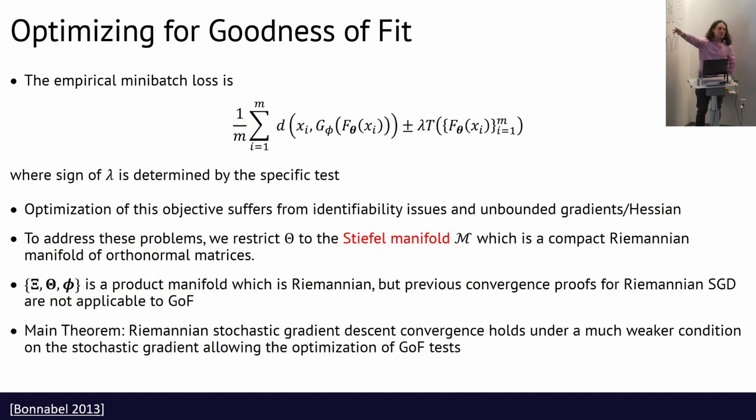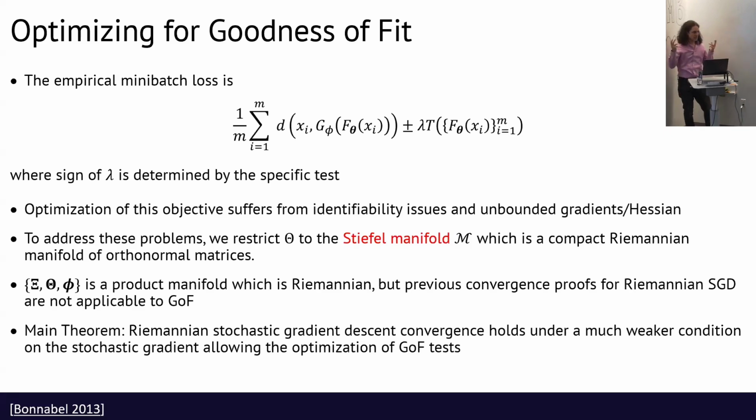It turns out that optimization of this objective function suffers from some identifiability issues and some unbounded gradient issues. One way you can think about this, at least in part, is that you're optimizing the encoding to come from a class of Gaussians, but the neural network could just multiply everything by 10 or add 5. You can scale the embedding of the Gaussians however you want, and it's still going to come from the class of Gaussians.